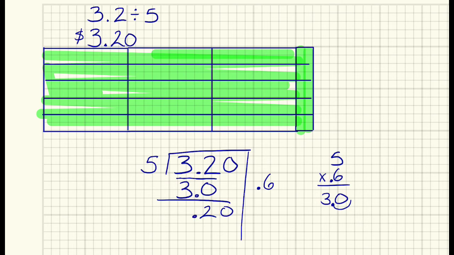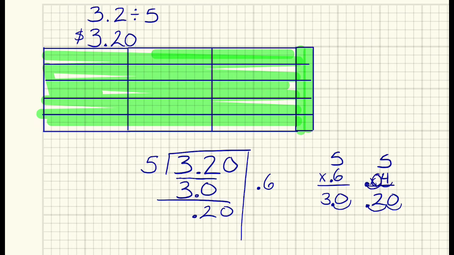So 5 into 20, I know 5 times 4 is 20. But it's only 20 cents, so it's not really 4 that I need. If I'm thinking about making 20 cents, 5 piles of 4 cents will make 20 cents. So to make this be 20 cents, I need 4 hundredths, or 4 pennies.